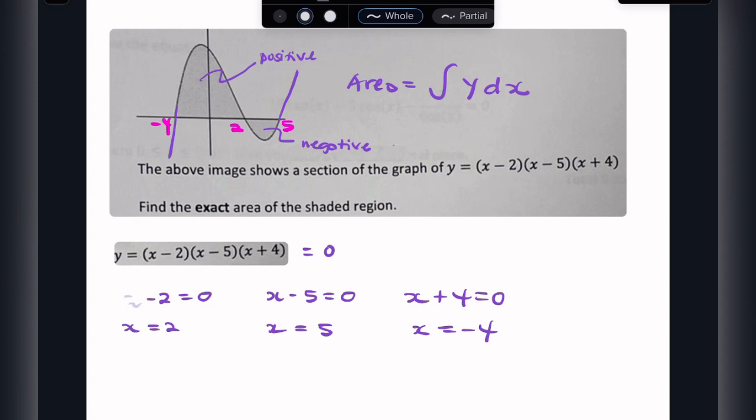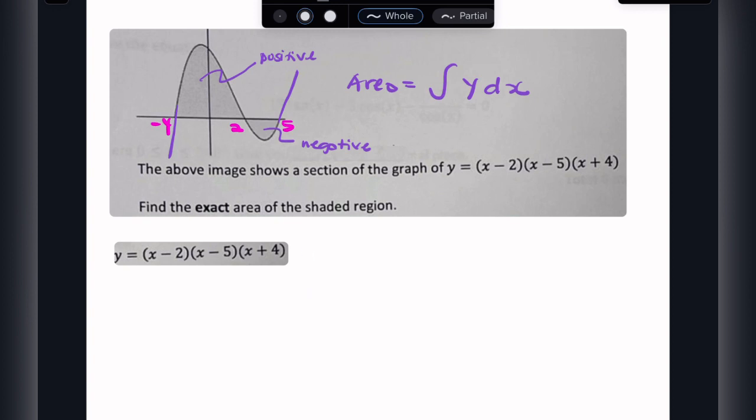So our area we can now write as the integral from minus 4 to 5 of y dx. That's from minus 4 to 5.